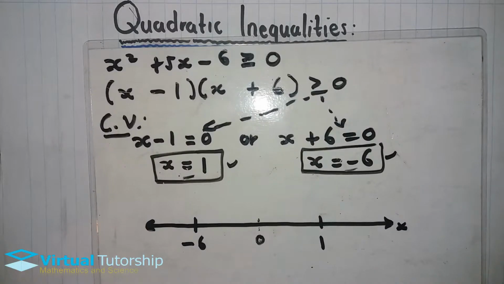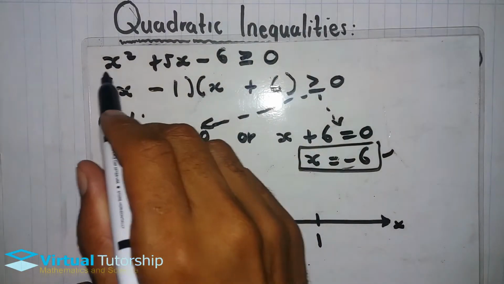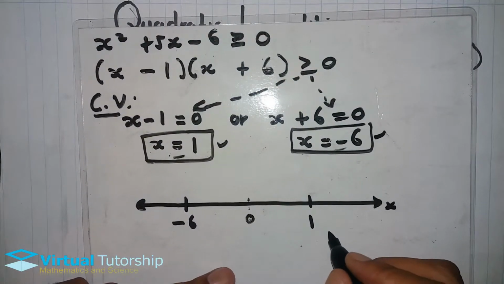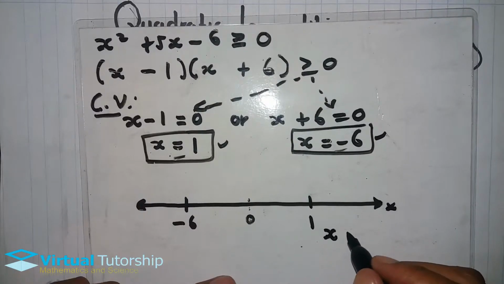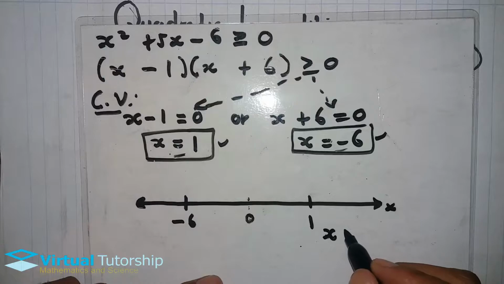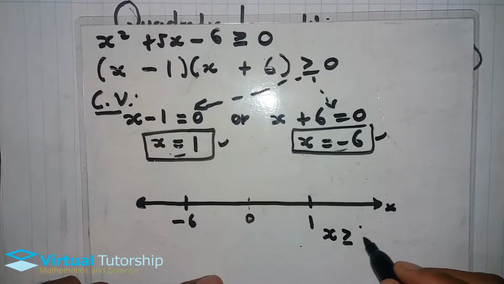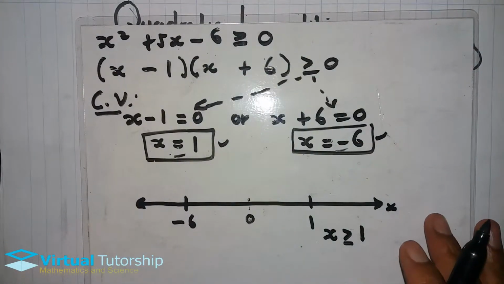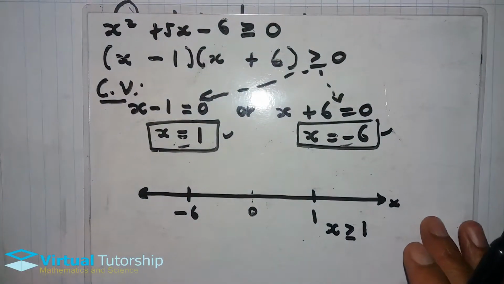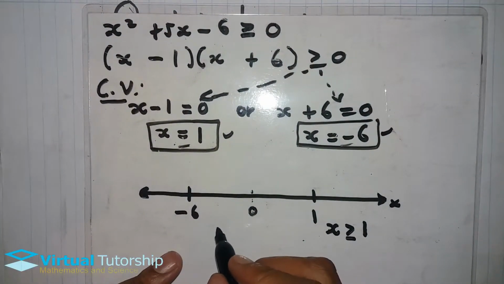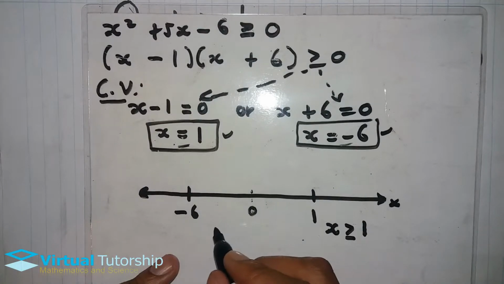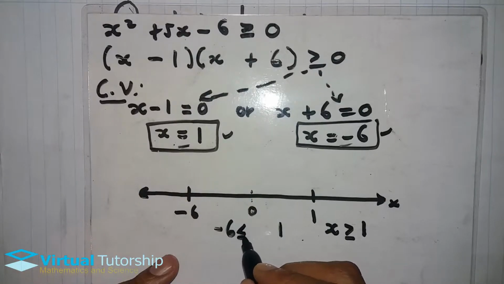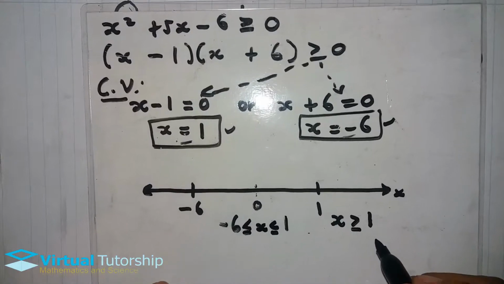So bheka-ke manje into yokuqala oyenzayo in order ukuthi uthole lama-x values ukuthi nawu-substitute ngawo kunike a positive number, uqala uzotesta for ama-solutions are greater than or equal to 1. This inequality sign kwamele ifane nale inequality sign efana uyithole kulo original equation, ne? Bese uyabuya futhi utesta ama-numbers between -6 and 1, ne?